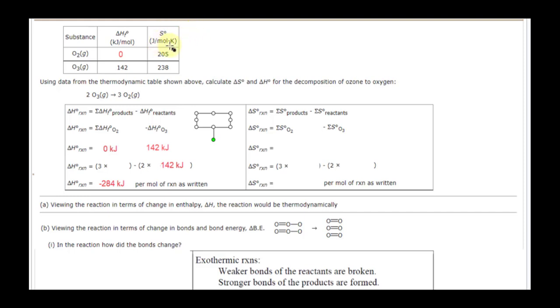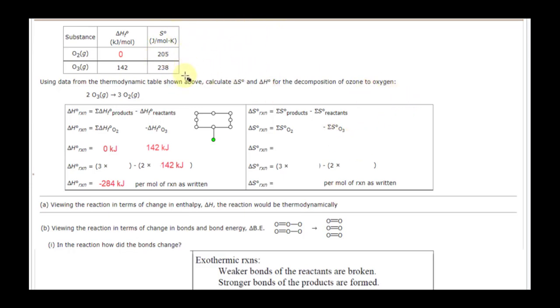And it's in joules per mole Kelvin. Because the lowest possible entropy is the perfect crystal at absolute zero. We have the zero. Everything after that will have a higher entropy. So you're always going to have positive values for entropy.